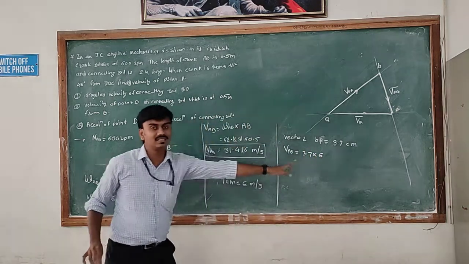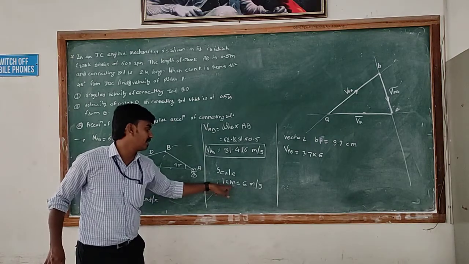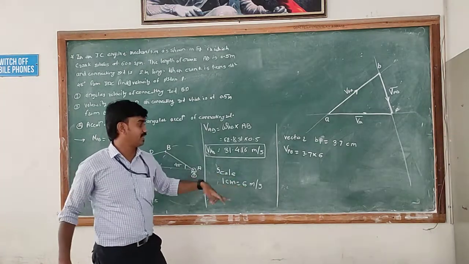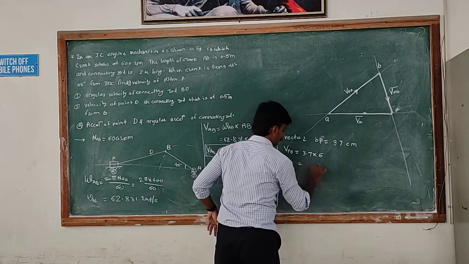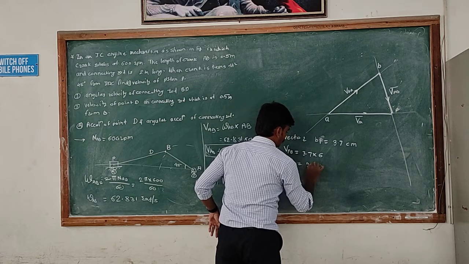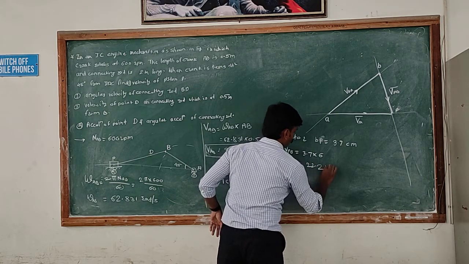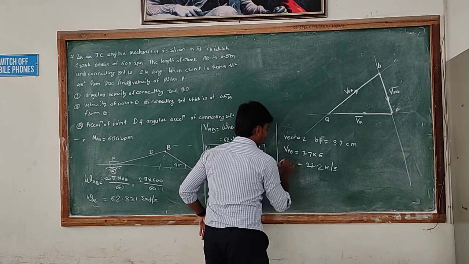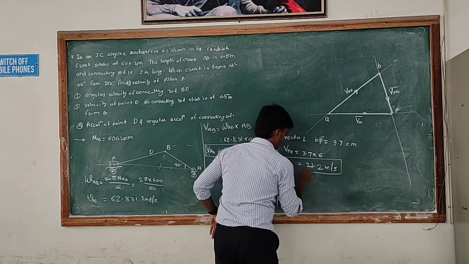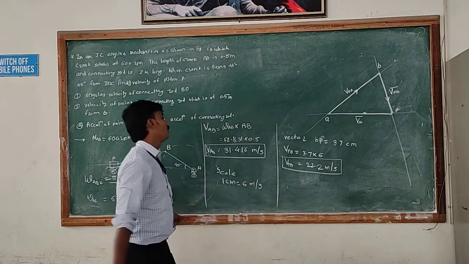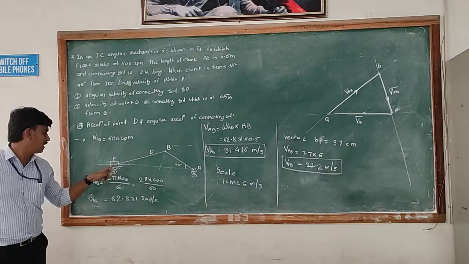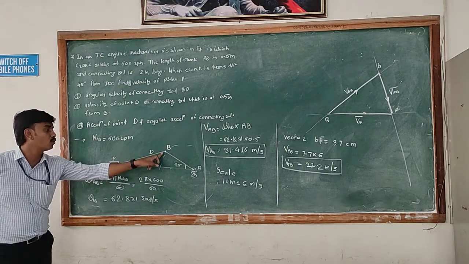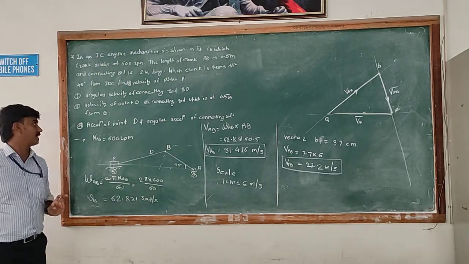Why do we multiply by 6? Because here we take 1 centimeter equal to 6 meter per second. So this becomes 22.2 meter per second. Means the velocity of the point P with respect to B is 22.2 meter per second.